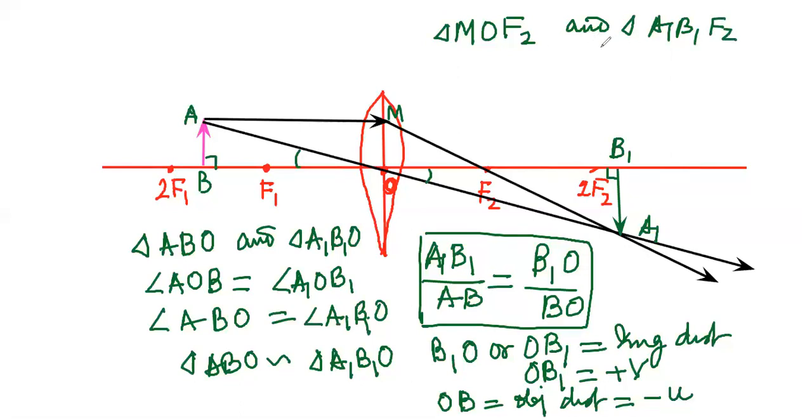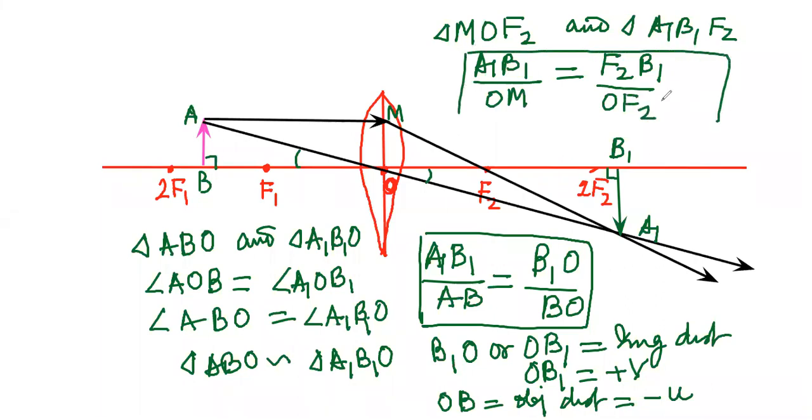They are also similar. So I can directly write A1B1 by OM is equal to F2B1 divided by OF2.